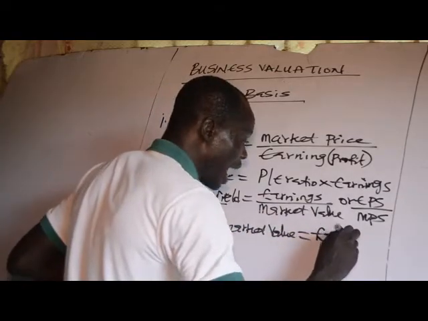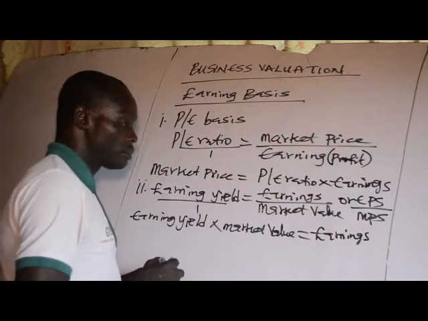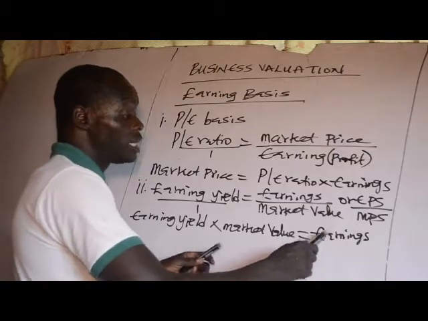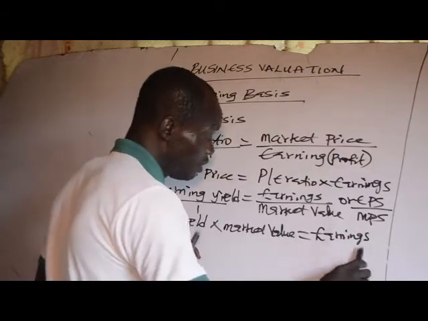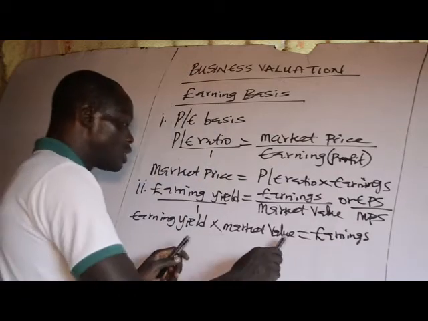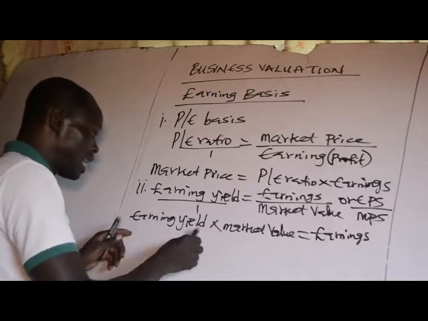I've told you that if I say earnings, I'm talking about the profit. The profit attributable to ordinary shareholders is the profit after tax. Therefore, if I say earnings, I'm referring to the profit after tax. So make your market value the subject of the formula. That means to make your market value the subject, you divide both sides by the earning yield.